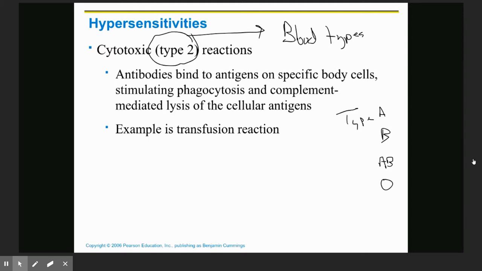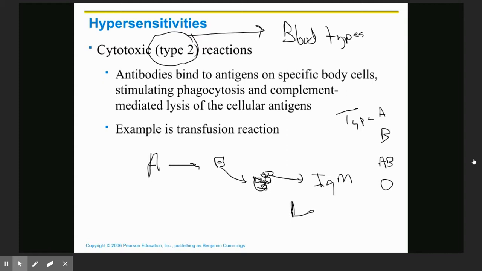If I give type A to someone who's type B, what's going to happen in that type B person is we're going to get that clumping. And the reason we get clumping is because of those IgM antibodies. So remember, IgM is a pentamer.